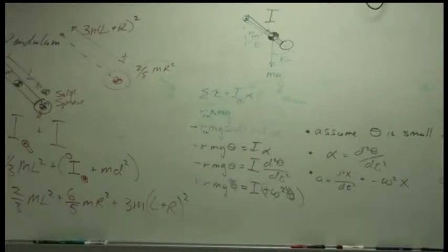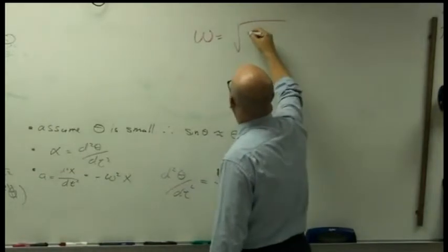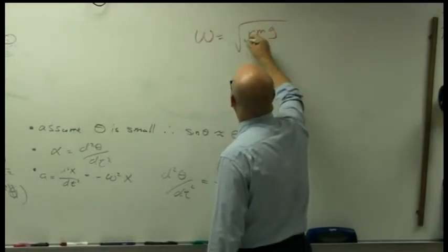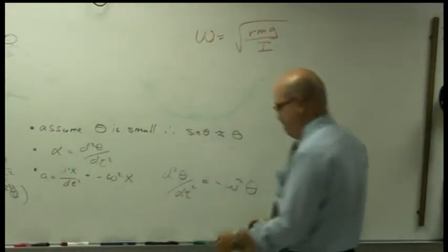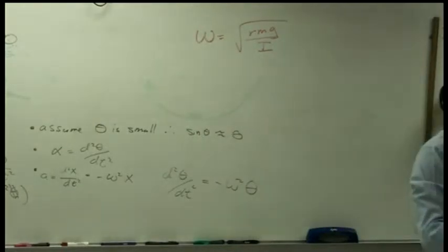Omega equals the square root of RMG over I. The negative went away.